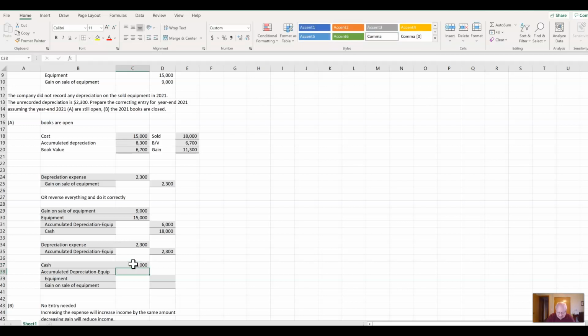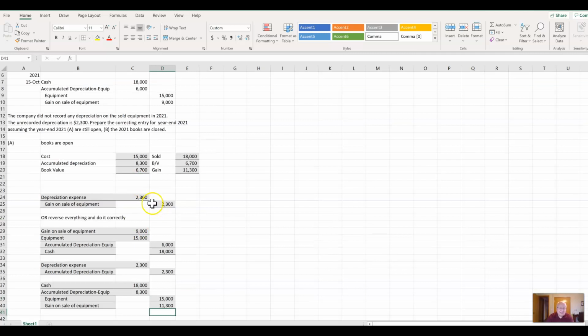Accumulated depreciation now would be $8,300 because you had the 6 plus the 23. The equipment still costs $15,000, and the gain is $11,300. So that's another way of doing it that leaves the audit trail. This one reverses the original entry out. This records the depreciation like you should have done, and then this records the entry as it should have been recorded. Like I said, this will give you the same results.